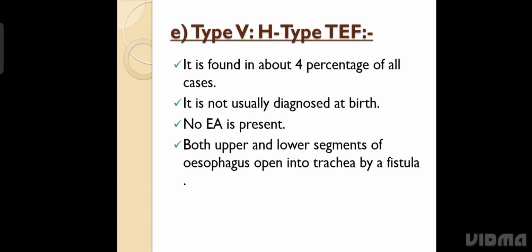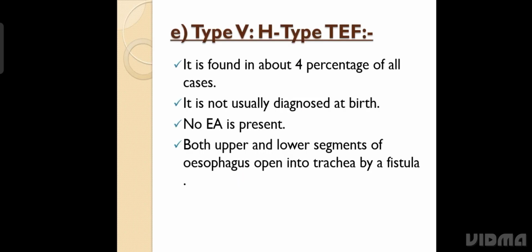You can see in this picture the alphabet H, with fistula formation from both the upper and lower segments of the esophagus opening into the trachea, but no esophageal atresia can be seen.